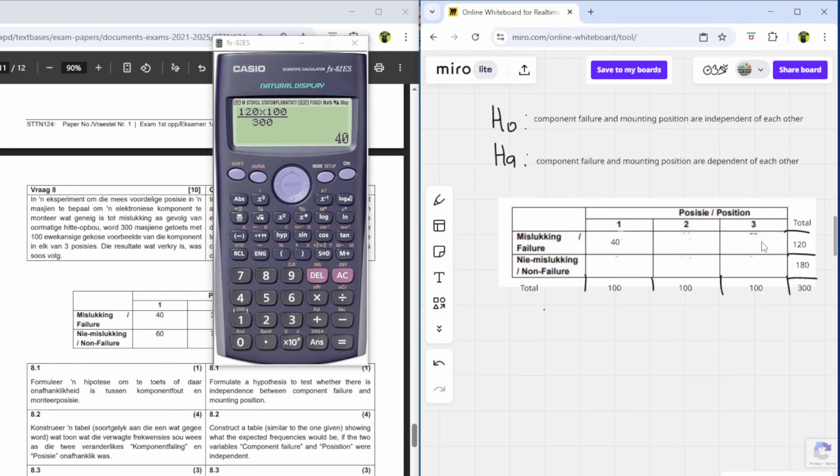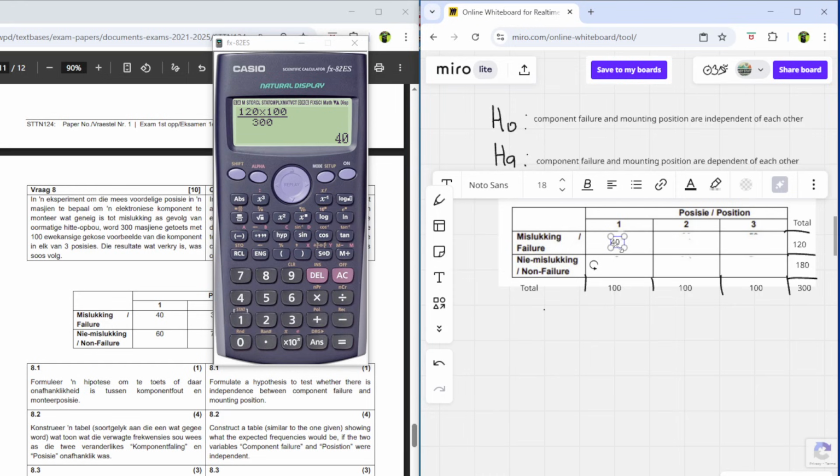And if it's 120 times 100, this one is going to be 120 times 100 as well, and this one too. So all these ones above are 40, 40, 40.